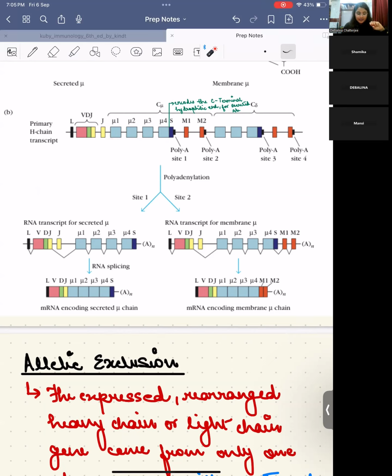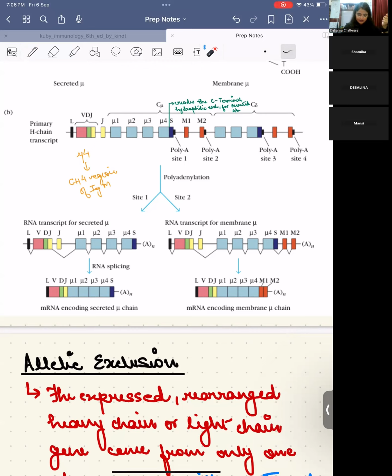After the transcript that is ultimately going to be encoding the CH4 domain of the IgM antibody, we can have a polyadenylation site present just downstream of this mu4. So mu4 is coding for the CH4 region of IgM, right? We have a polyadenylation site right behind this.